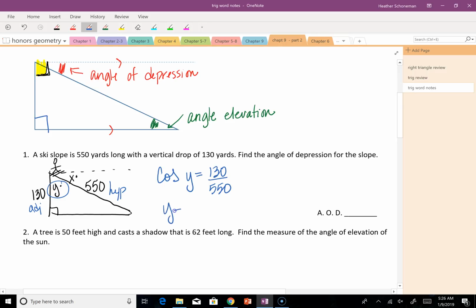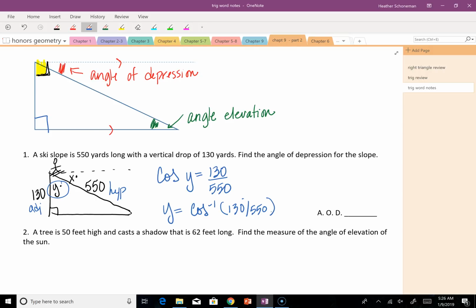So to find y is going to be the inverse cosine of this. So in your calculator, you're going to do second cosine and then in parentheses 130 divided by 550. Some of your calculators will automatically put a parenthesis there, some will not, so you just have to look and see.